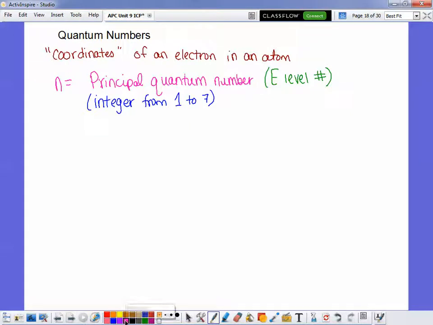So energy levels, what are they divided into? Sublevels. So the sublevel gets a quantum number as well, and its symbol is L. The actual definition of this is the angular momentum quantum number.